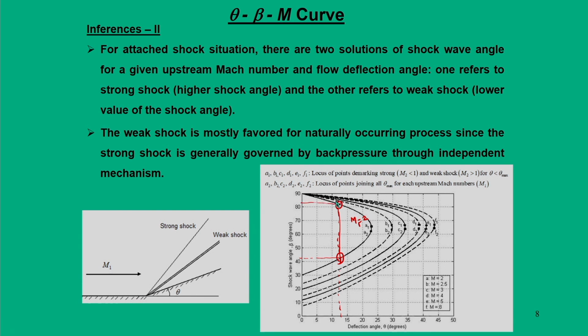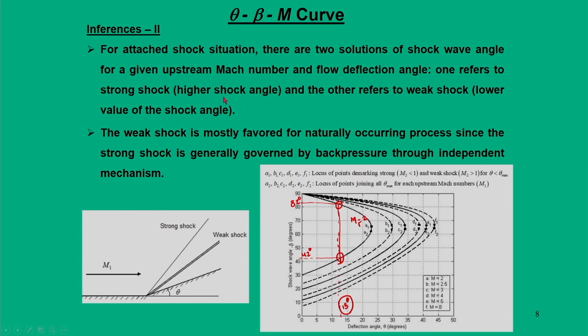There are 2 points it will cut, one could be about 82 degrees, the other about 42 degrees. So, for a flow deflection angle of about 13 degrees and a supersonic Mach number of 2, we have two possible solutions of shock wave angle, one could be 42 degrees, the other 82 degrees. The lower value, 42 degrees, refers to a weak shock solution, and 82 degrees refers to a solution of higher shock wave angle.